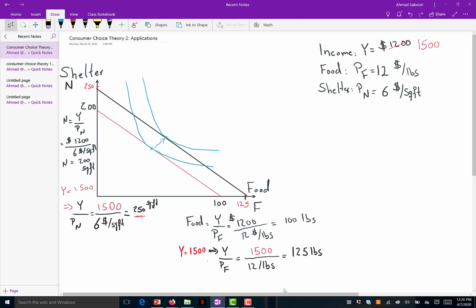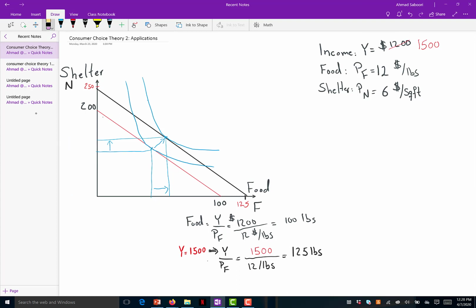And as you see, on the new budget line, we consume both more food in this case and more shelter. So the food consumption has risen from this quantity to that quantity, whatever that is, and the consumption of shelter has risen from this quantity to that quantity.